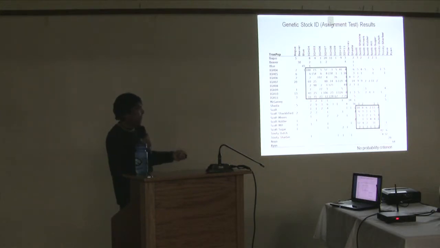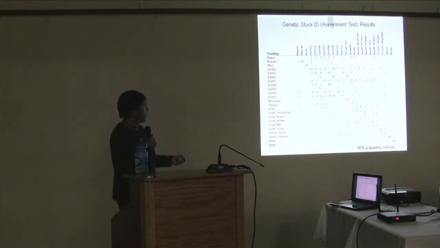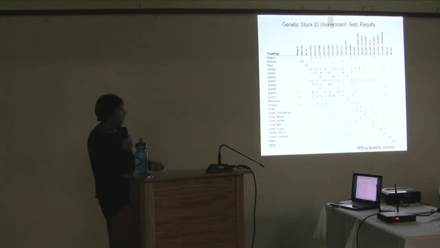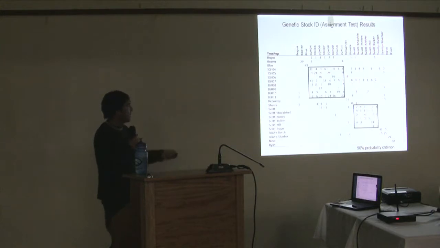But if we actually want to use a sort of pseudo-statistical criterion for determining whether an assignment is high probability or not, then we can use this 90% probability criterion. And then you see that a lot of the assignments between different subbasins, particularly between the Trinity and the others, goes away.